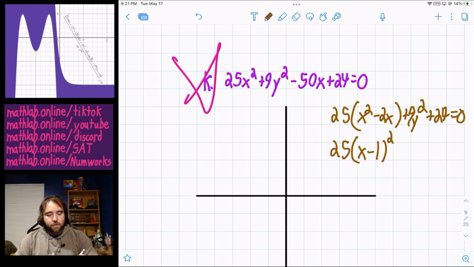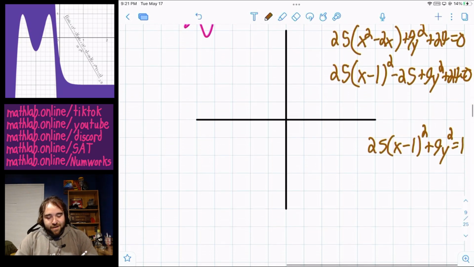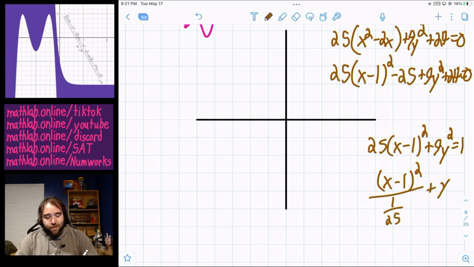So x minus 1 squared, it would be minus 1, but we're going to distribute the 25. So minus 25. And so see, the same thing happens. So we end up with 25 times (x minus 1) squared plus 9y squared equals 1. So that means we're doing 1 over 25 and 1 over 9.